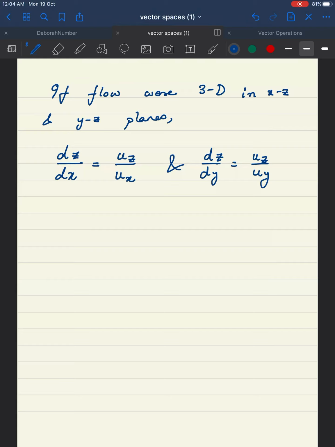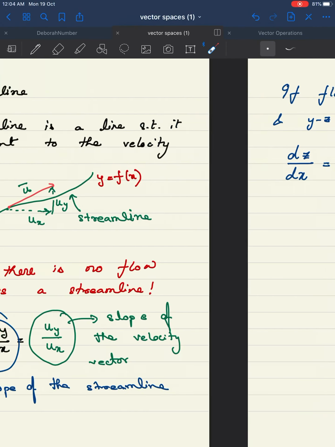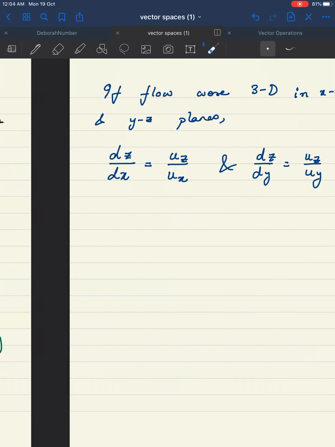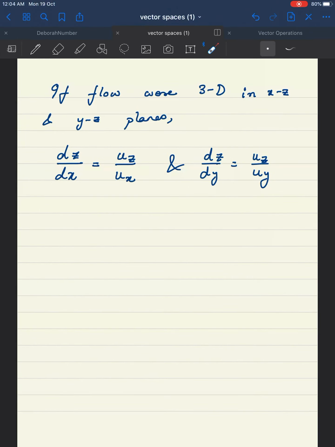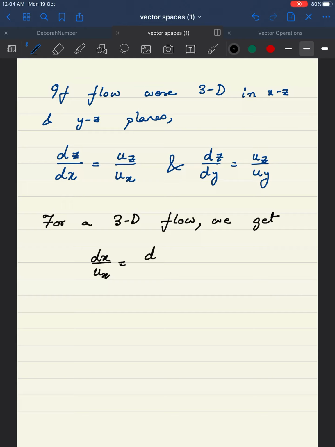If you combine all these equations, so if you combine this equation right here, this equation and this particular equation for a 3D flow, so we'll just clarify that for a 3D flow we get dx by ux equal to dy by uy and dz by uz.